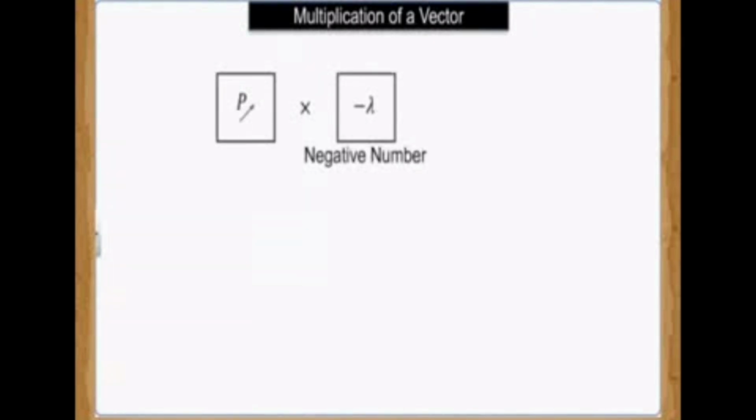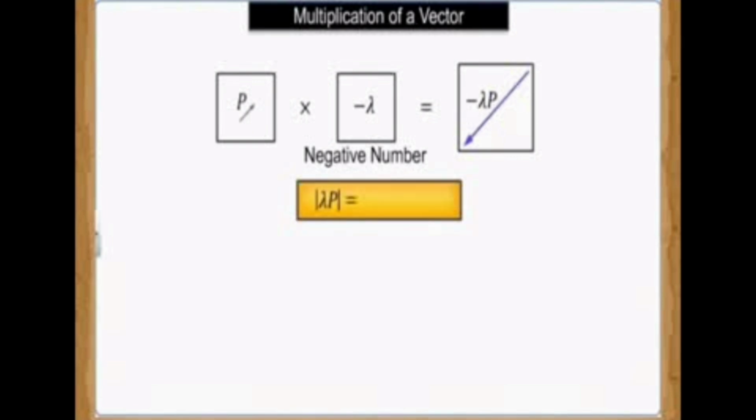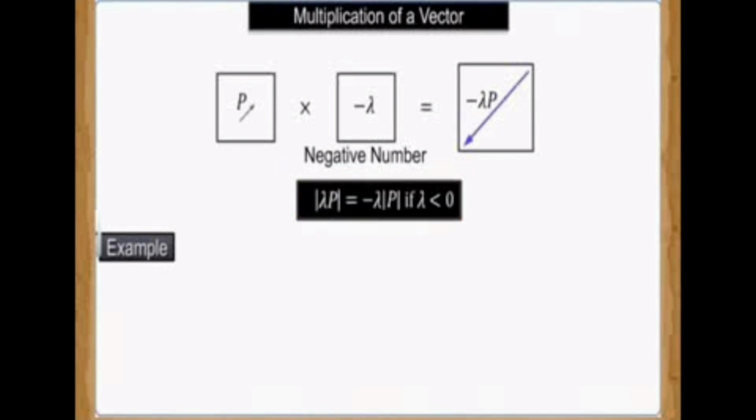We are multiplying the vector. Another thing is you can multiply the vector by a negative number. If the scalar is a negative number, you will get the opposite direction. See that the arrow mark is in the opposite direction; it indicates a negative vector. So lambda p has minus lambda times the magnitude of p, and you get a negative value.